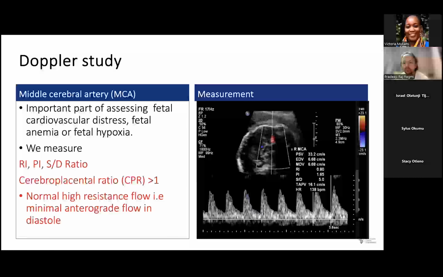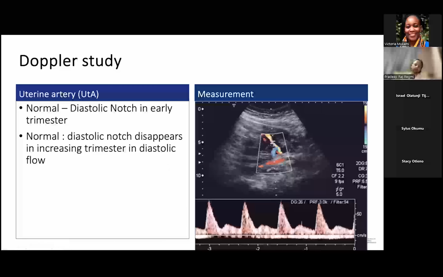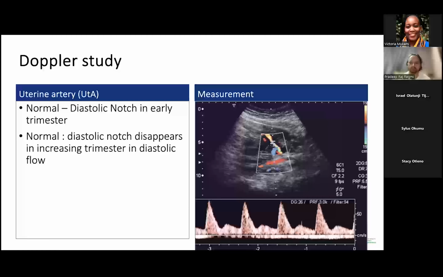And the other is uterine artery Doppler, and there are lots of projects going on in this uterine artery, because in early second trimester, if the uterine artery flow is abnormal, we can predict preeclampsia early.